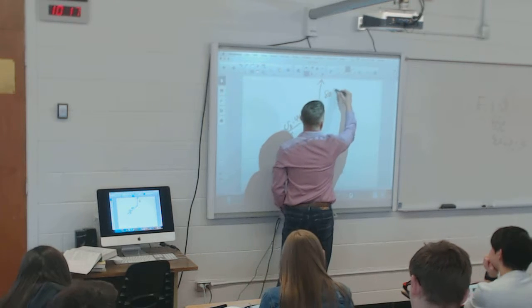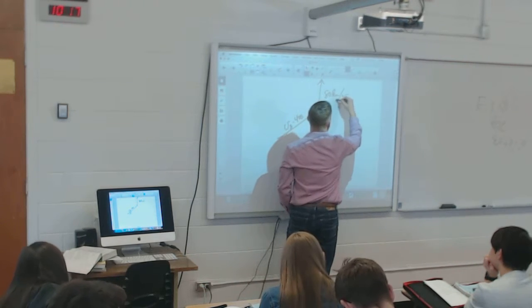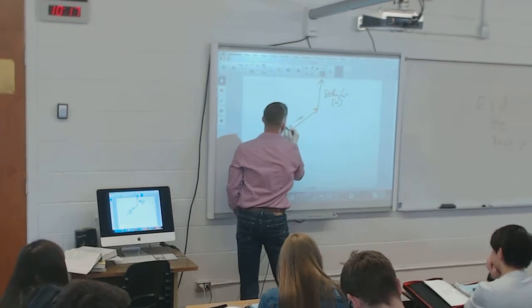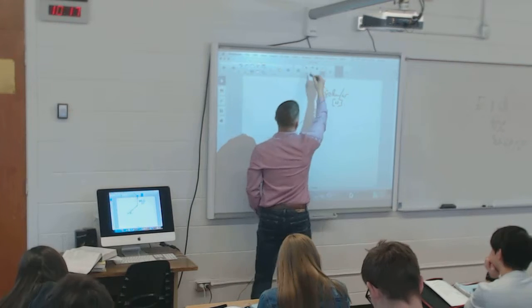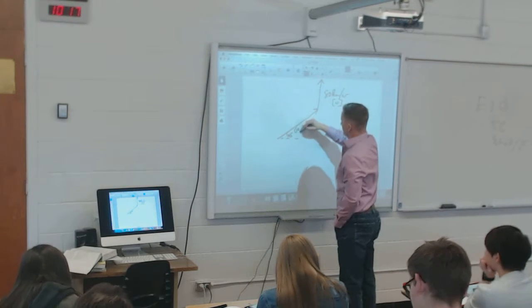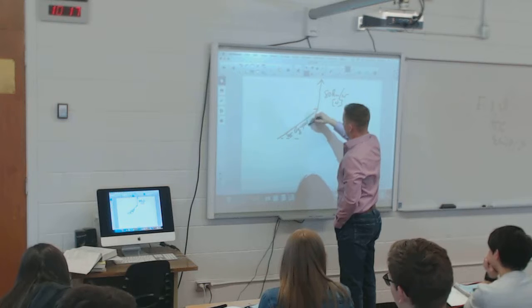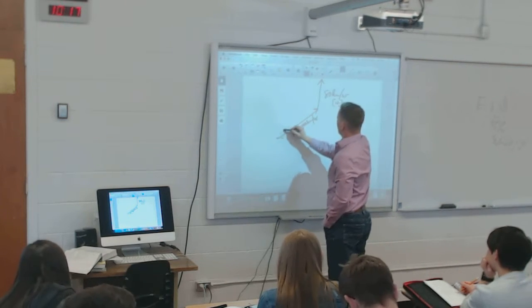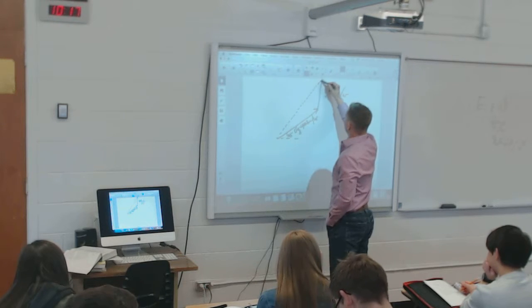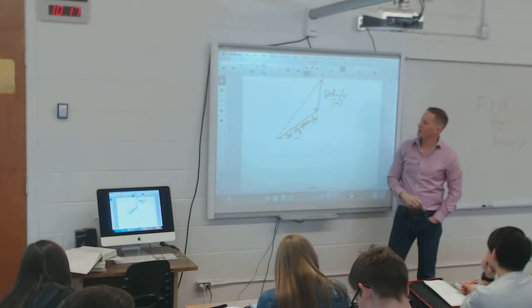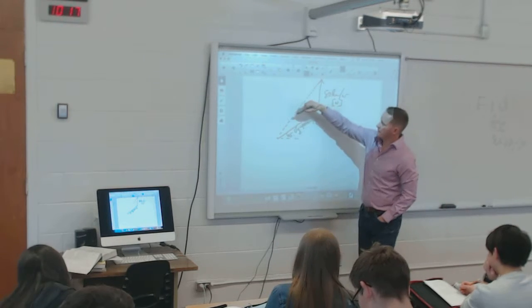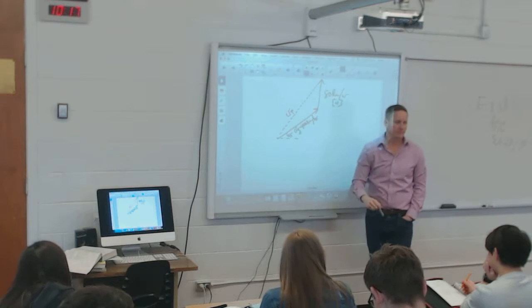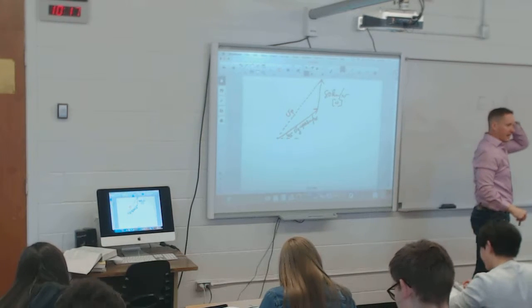And in this case, it's north. So then this resultant velocity right here, that resultant velocity right there represents the velocity of the plane. So how far the plane has to fly.